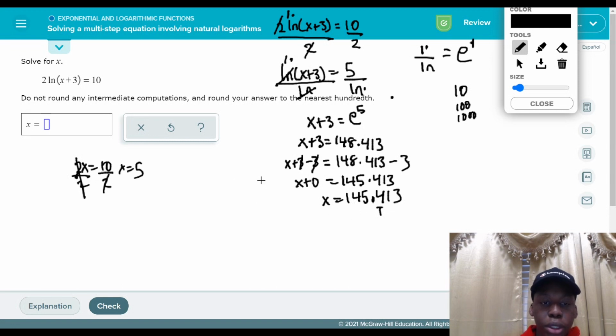But when we're dealing with decimals, this is basically saying 0.1, 0.01, 0.001, 0.0001.